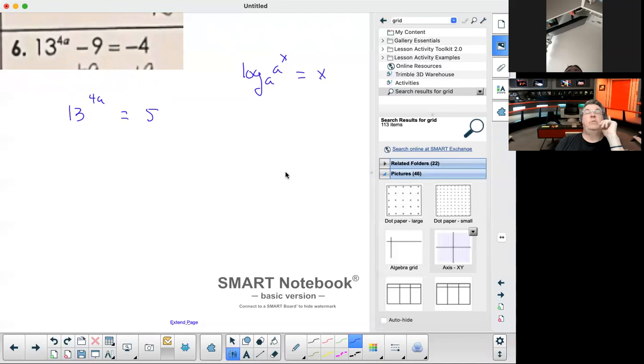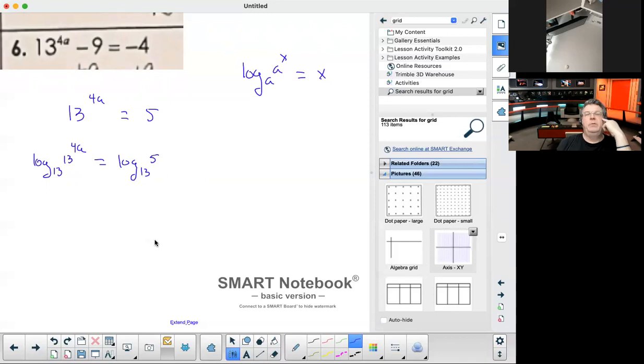Mm-hmm. So to solve this, I clearly have to take the log of both sides. I can use any base I want. Since the base with the exponent in it is 13, I'm just going to take log base 13 of 13 to the 4a and log base 13 of 5.